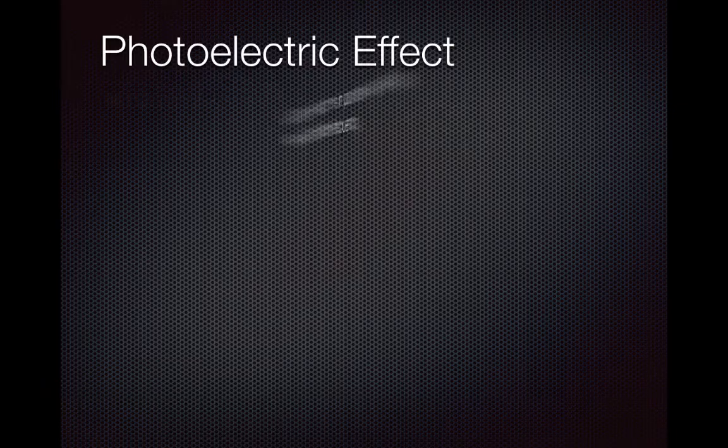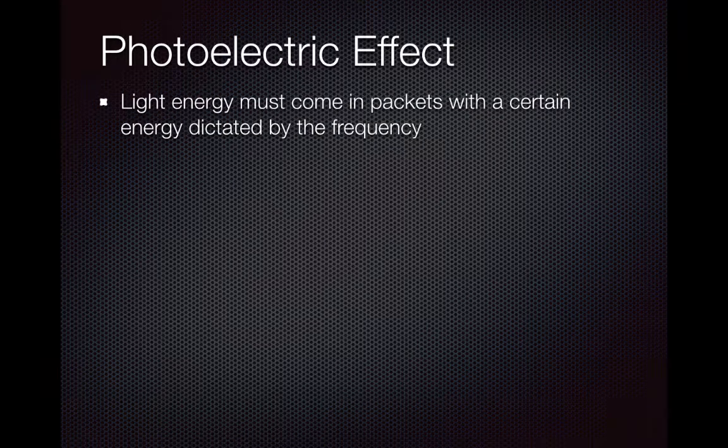And so Einstein realized that light energy must come in packets with a certain energy, and that energy is dictated by the frequency. So this is what we were talking about earlier. So we came up with an equation where E is equal to h nu, and h is Planck's constant.